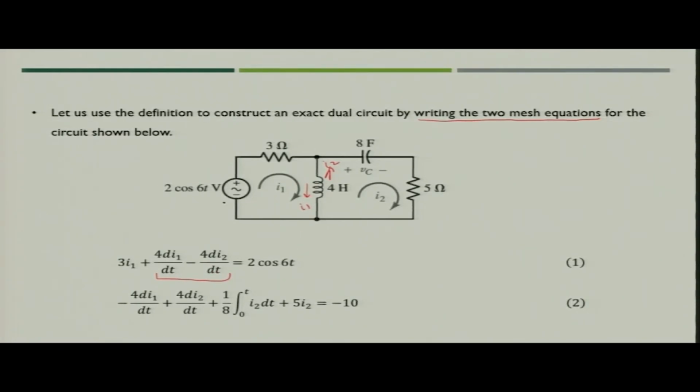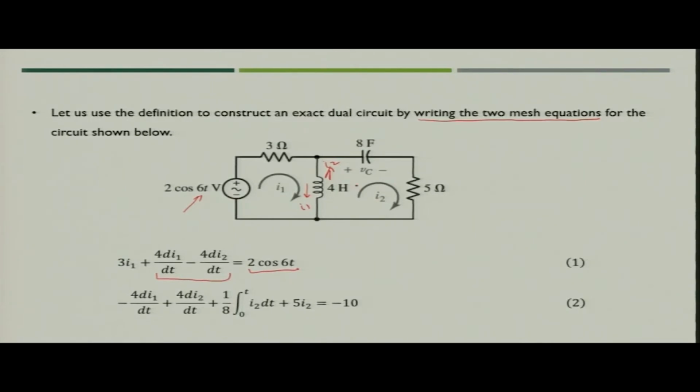What it means in the dual circuit, we will discuss later. From the equation point of view, the mesh equation for this mesh would be 3 I1 plus 4 d(I1 minus I2) by dt equal to 2 cos 6t, which is the voltage in the mesh.